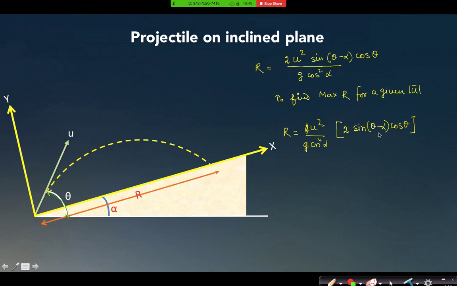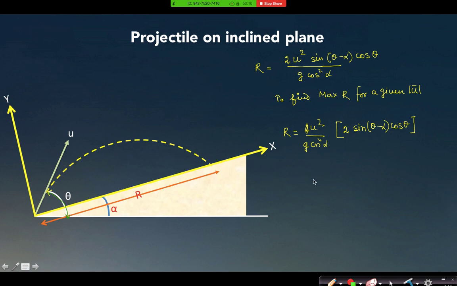Why am I again modifying this expression? Because in this particular expression, there are two places which hold theta, cos theta and sin(theta minus alpha). I can only maximize one term, but there are two terms simultaneously in this expression. So I'll try to simplify it.